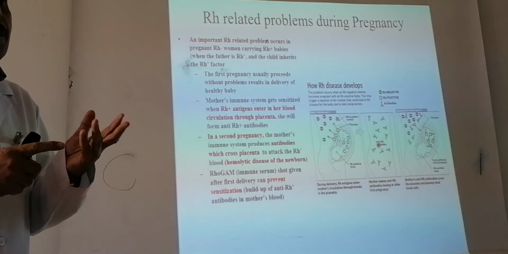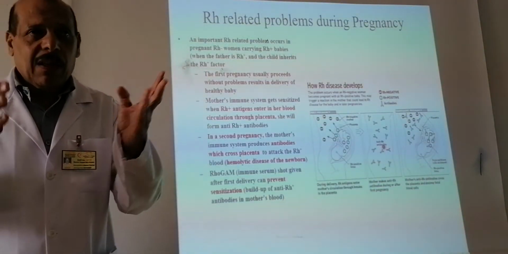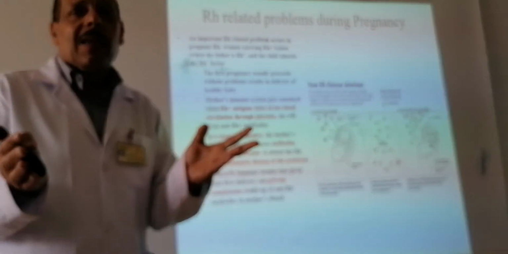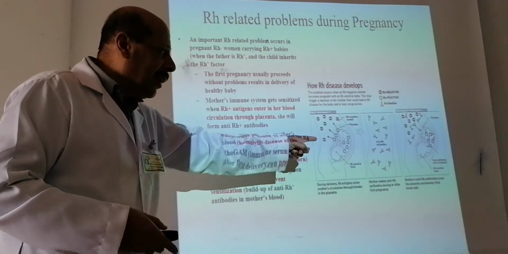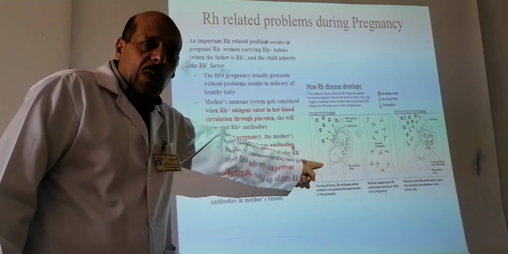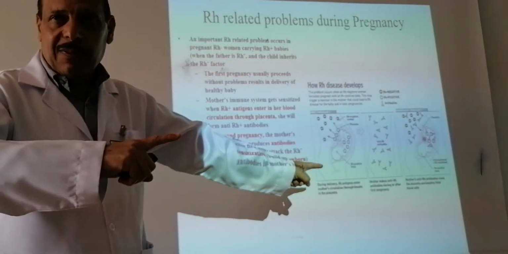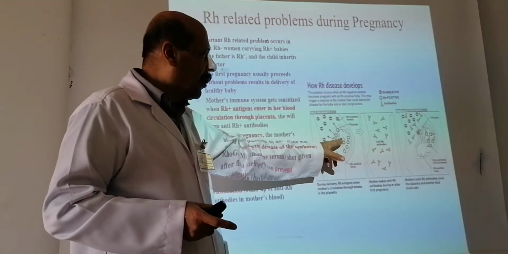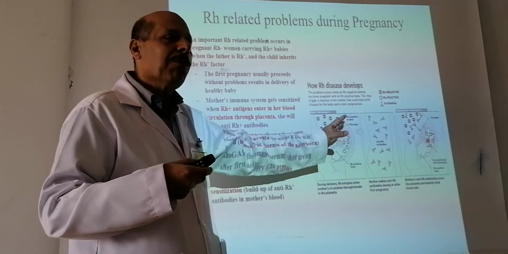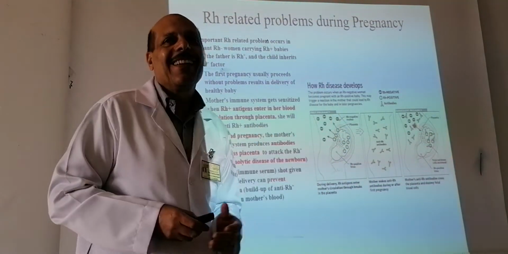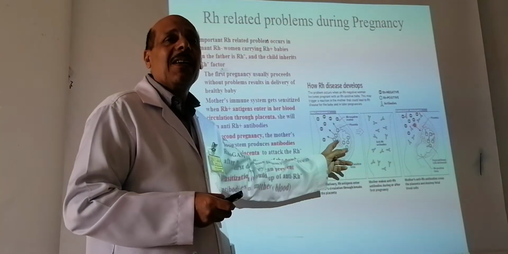So, if she gets pregnant and the Rh of the embryo is positive while she is negative, the embryo is in the uterus, and when he comes out, he will become an infant.